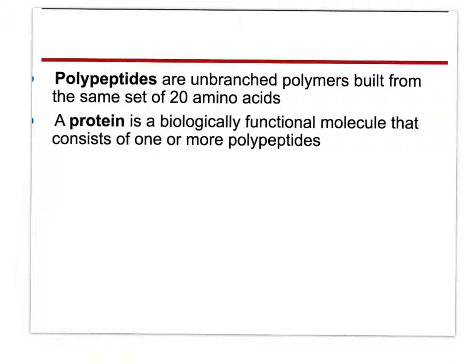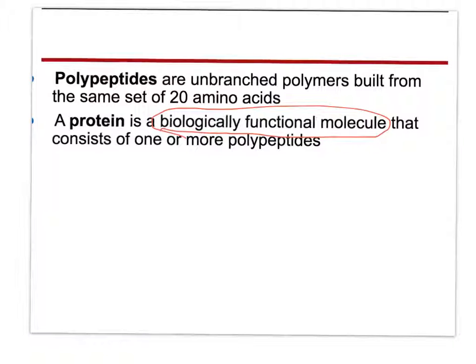That polypeptide may or may not be functional in that structure. A protein is different from a polypeptide. All proteins are polypeptides, but not all polypeptides are proteins. The difference is this word right here: biologically functional molecule.